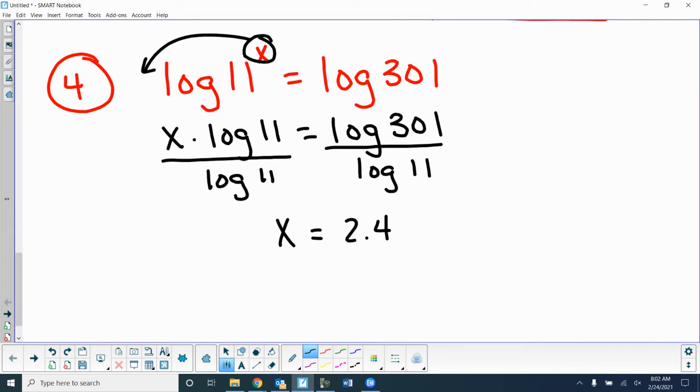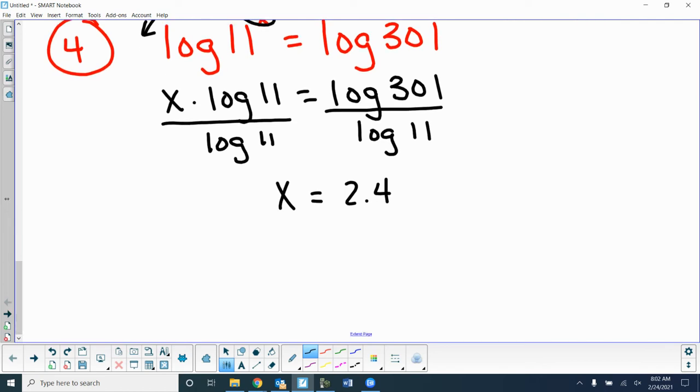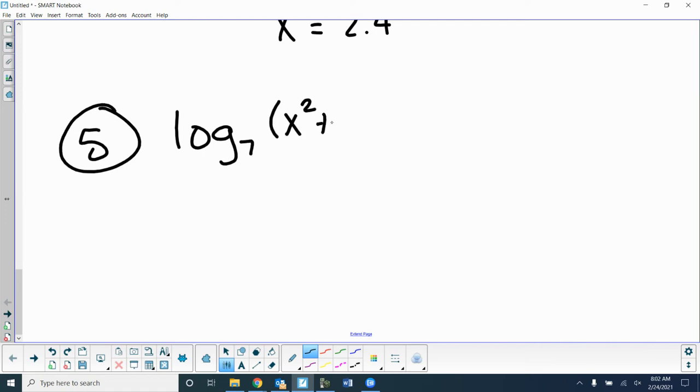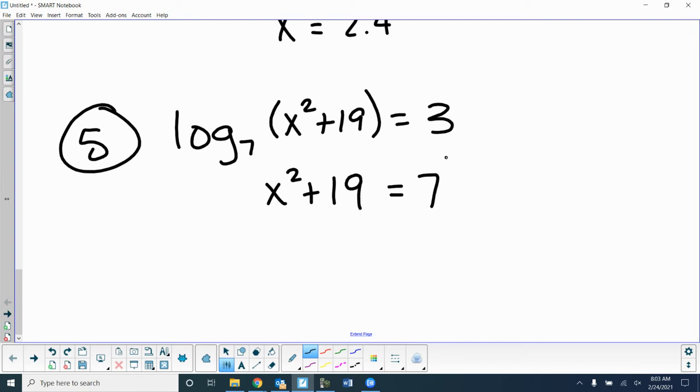Questions on that one? Okay. Number 5, we already have a single log, so I don't have to put anything together. Log base 7. So I got this single log, the base is 7, so I can say this number, x squared plus 19, equals the base 7 to the 3rd power.